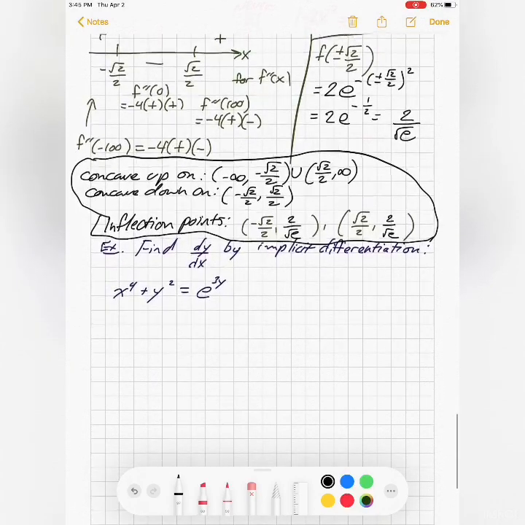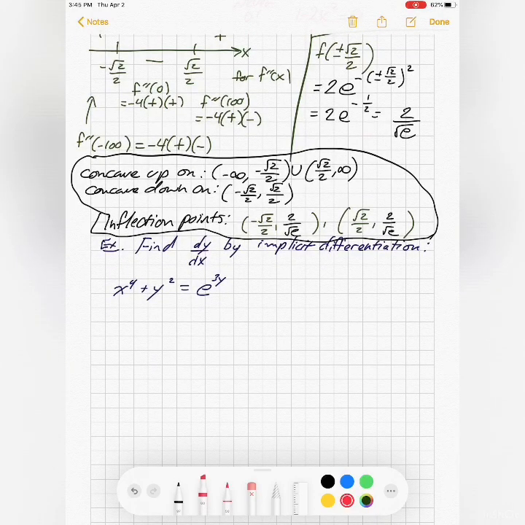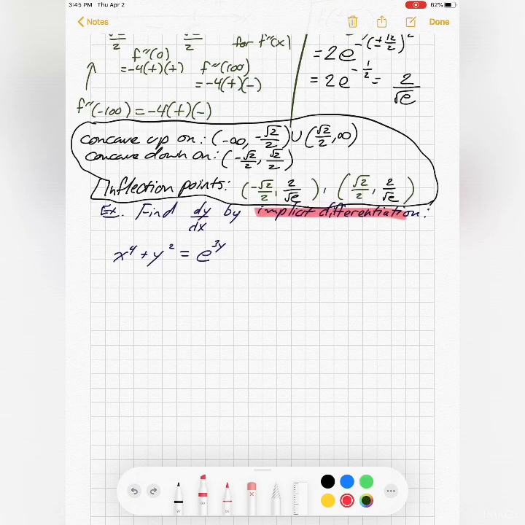Okay, how about one more? Remember when we talked about implicit differentiation? So that was when we had a function like so, where it was not easy to solve for y. So we just went ahead and we differentiated both sides of this. So we said, okay, the derivative of x to the 4th, well, that's just 4x cubed.